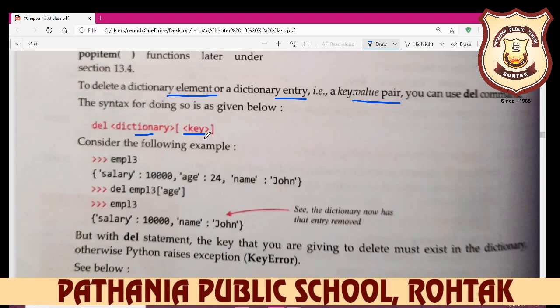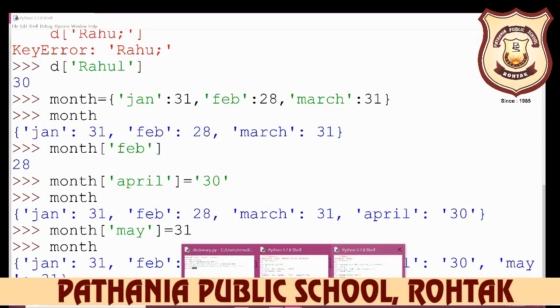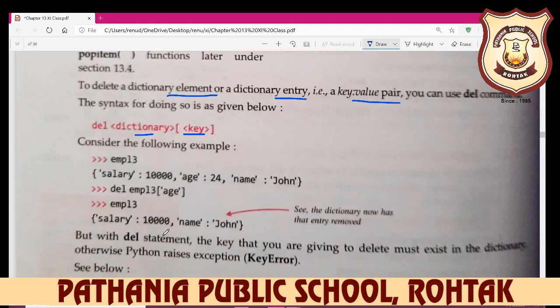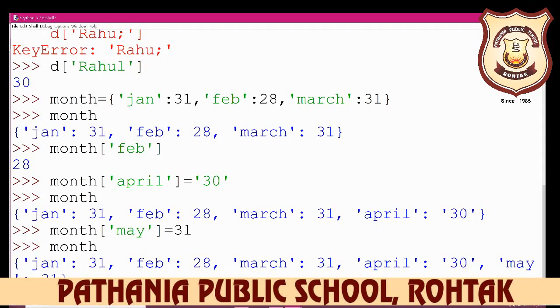Let's do the practical of this. Write del month, and here you define the key: del, then the dictionary name, and then the key name.